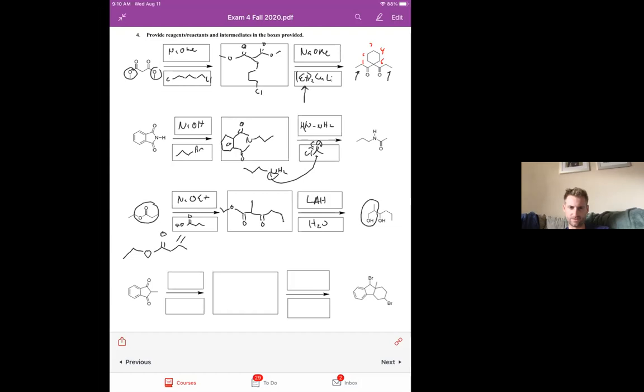But I'm confused by your question. What does the second reagent, not the second box of problem 3, look like? Is it just this one?